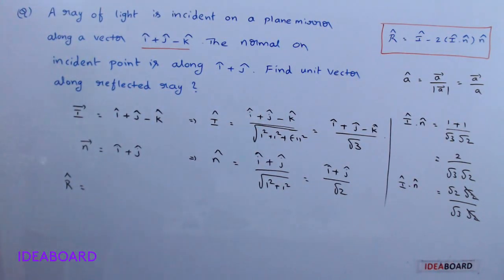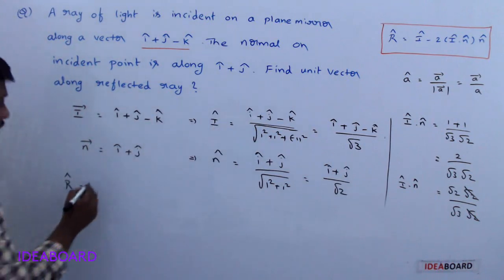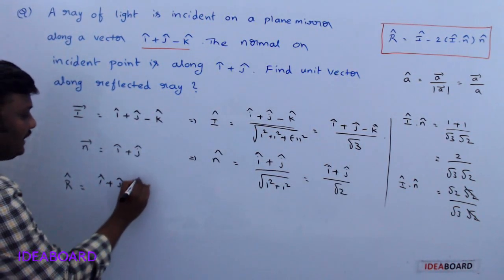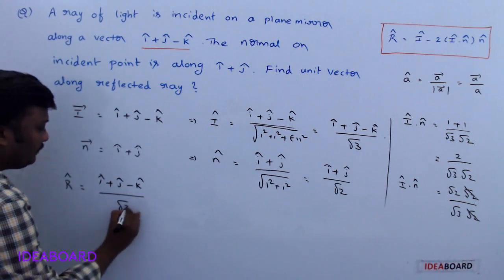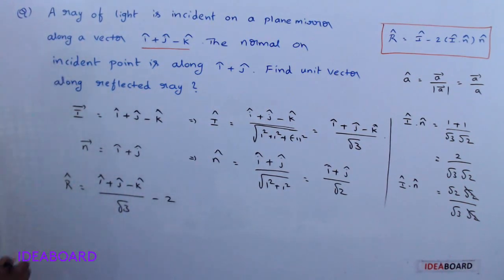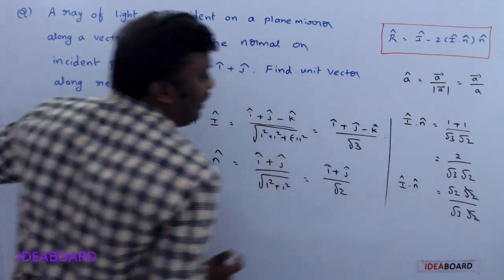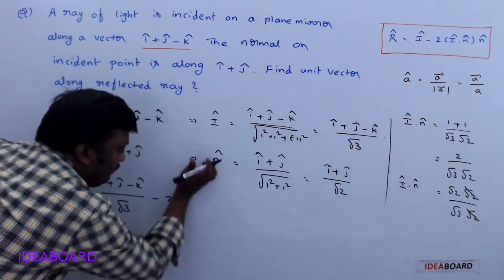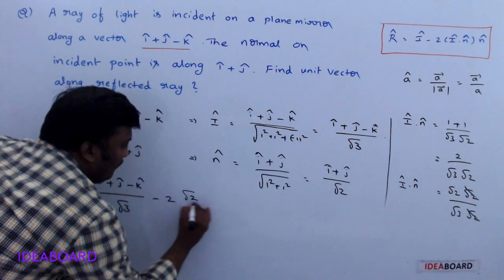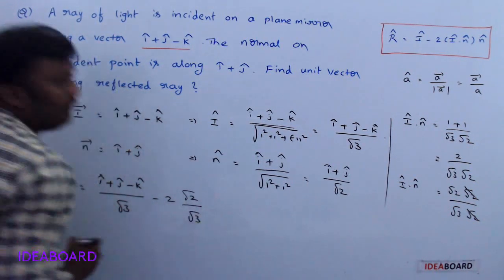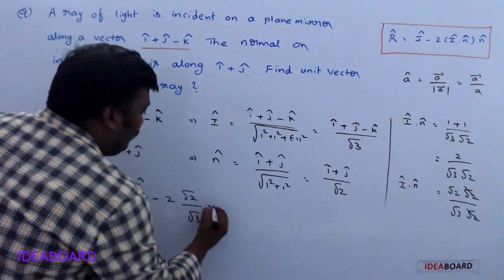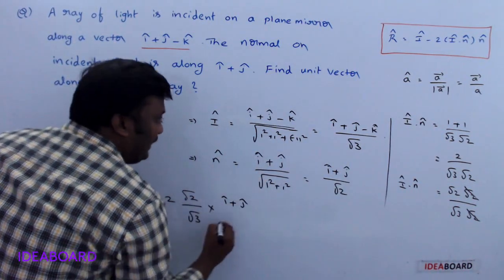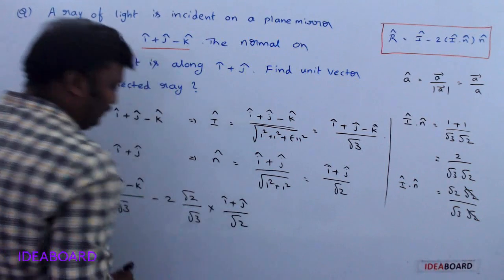Then what is the value of r cap now? r cap is equal to i cap, means i plus j minus k by root 3, minus 2 into i cap dot n cap, root 2 by root 3, into n cap. n cap value is i cap plus j cap by root 2.